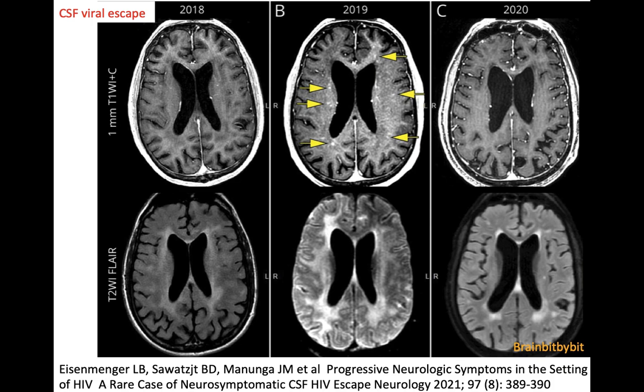This is caused because the viral load in the CSF is much higher than in the serum. And the virus is in the brain to escape the host's immune response. So this causes the enhancement and the worsening of the symptoms. After changing the antiretroviral drugs, the symptoms and the MR improved.